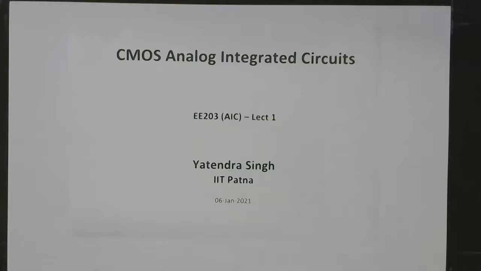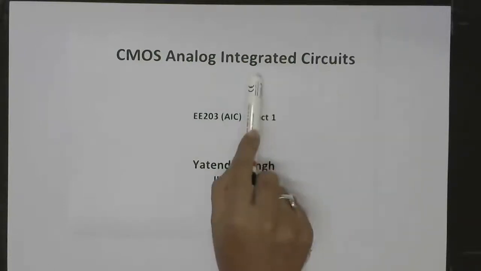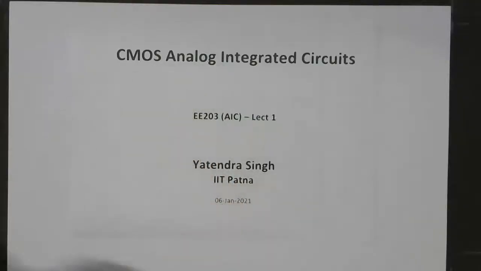and then we will take one example from our real life to understand what are the various modules. That means what will be various classes or families of circuits that we will cover or study in this course. So as you can see, there are four words in the title of this course: circuits, integrated, analog, and CMOS.